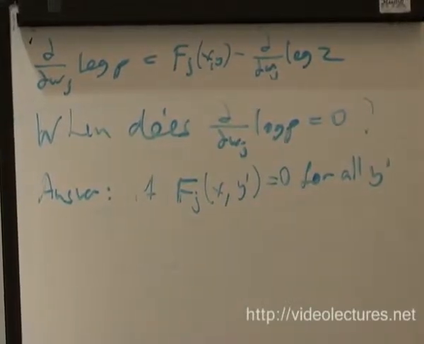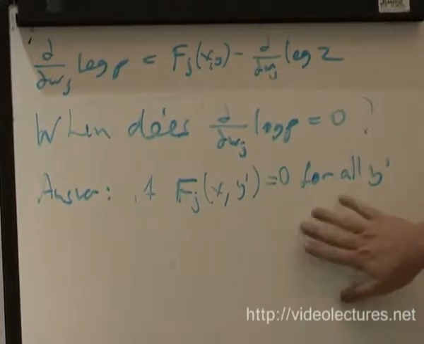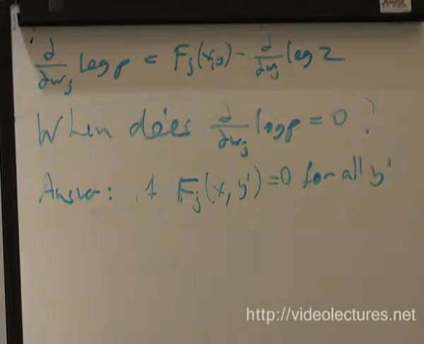But if the thing that we're taking the expectation of is uniformly 0, then its expectation is going to be 0 also. And if fj of xy prime equals 0 for all y prime, well, it also equals 0 for this particular y. So this is a useful, sufficient condition for the derivative being 0.